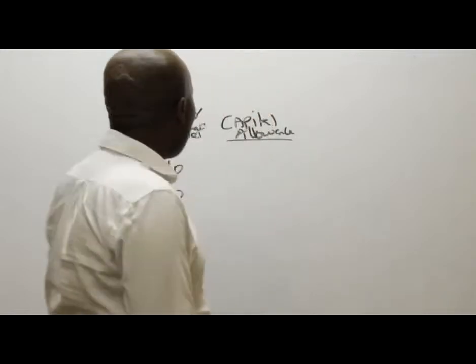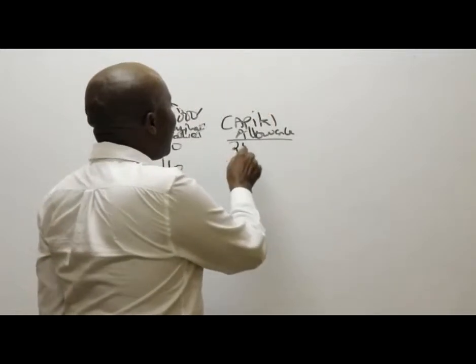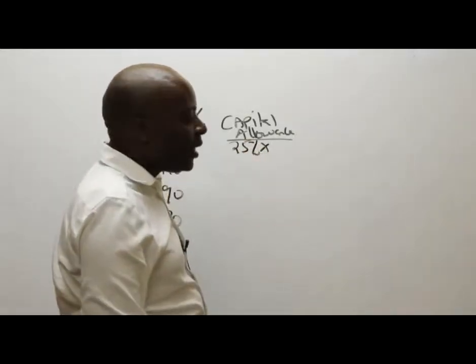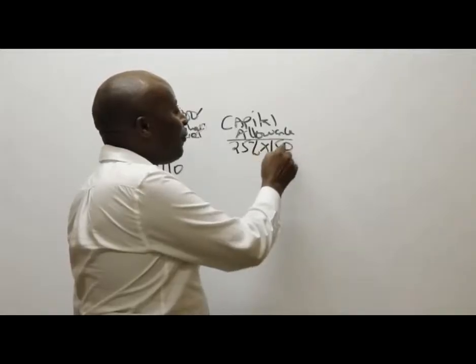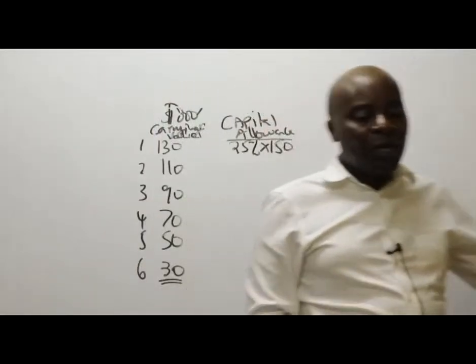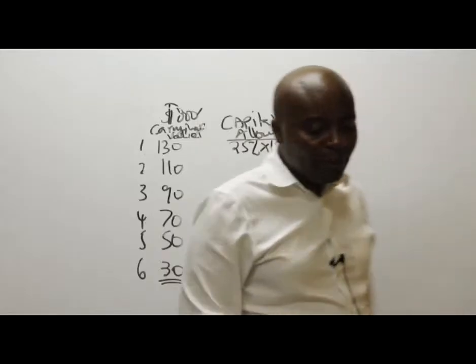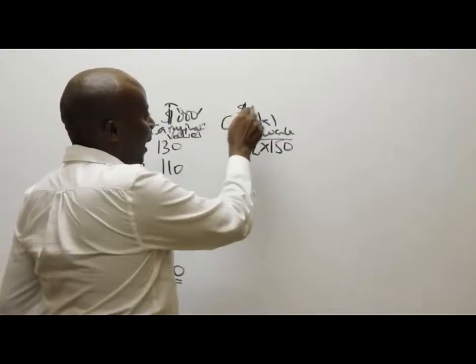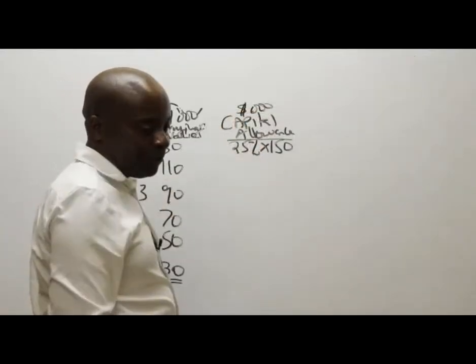The first year's capital allowance is 25% of the original cost. And the original cost here was 150. Please remember, our figures are in $thousands, so cut the 3 zeros.